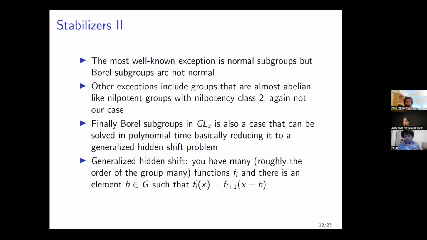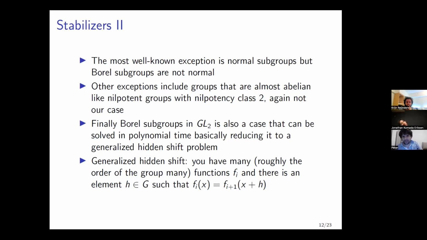I think this is a result by Hallgren. And this is pretty important because if you take a homomorphism, then the kernel is always a normal subgroup. So computing kernels of homomorphisms, even for non-abelian groups, is polynomial time.